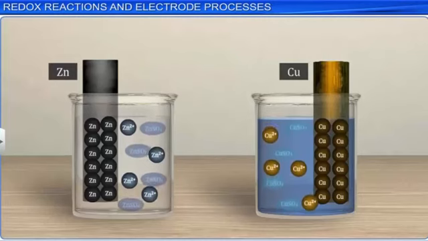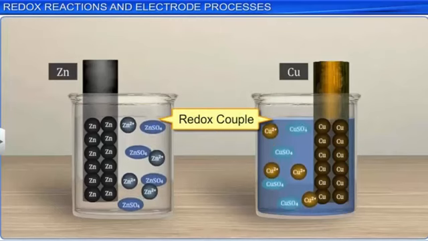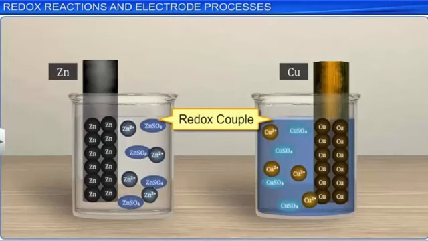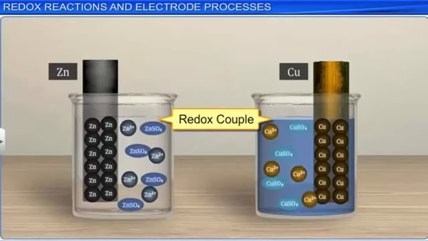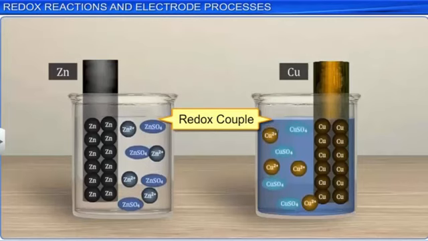This is also known as a redox couple. A redox couple is defined as a combination of the oxidized and reduced forms of the same substance taking part in a redox reaction.